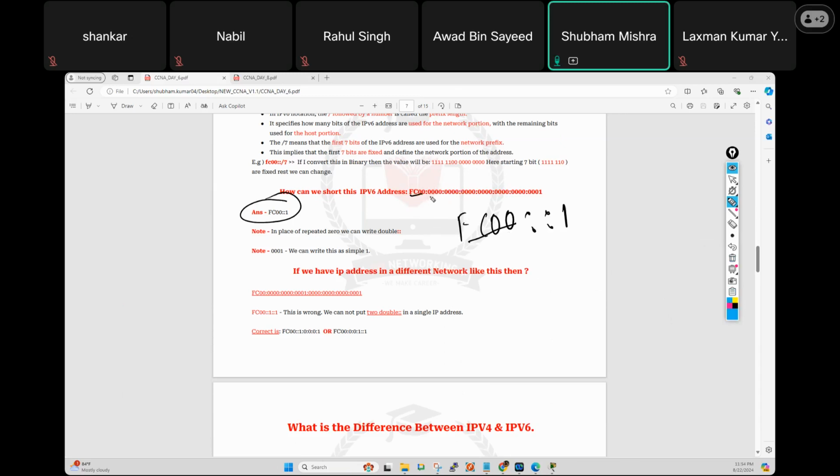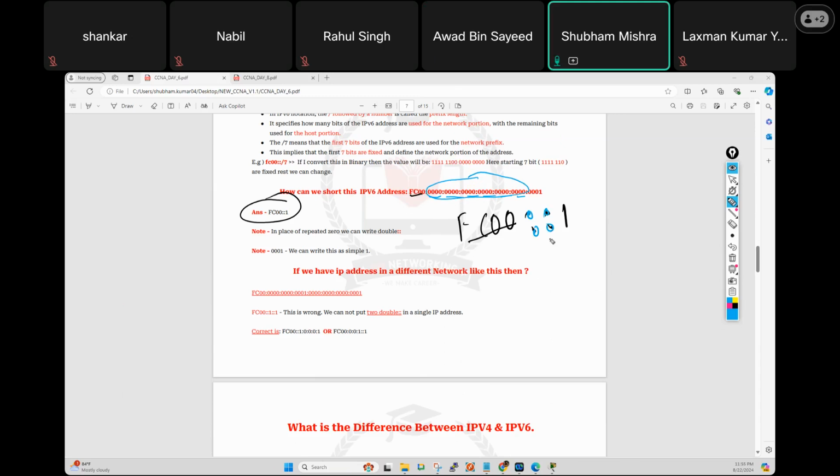So see here, in this block complete 0, complete 0, complete 0. It means from here to here, 0 is completely repeating in each block. So when 0 repeats, you can write double colon instead of writing 0. Getting my point, everyone?